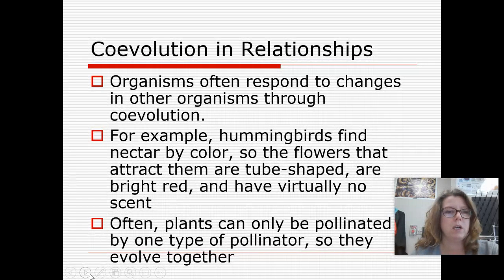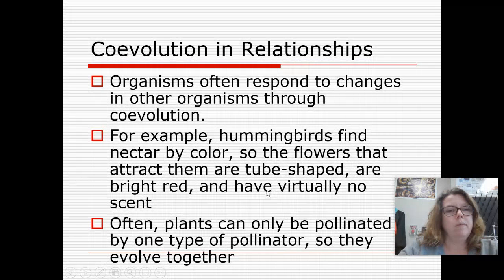So it is mutualistic, but also the flowers make it easy on the birds. The flowers that got pollinated, through natural selection, were the ones that were the brightest, most tube-shaped flowers. And so those are the ones that proliferated in the environment.